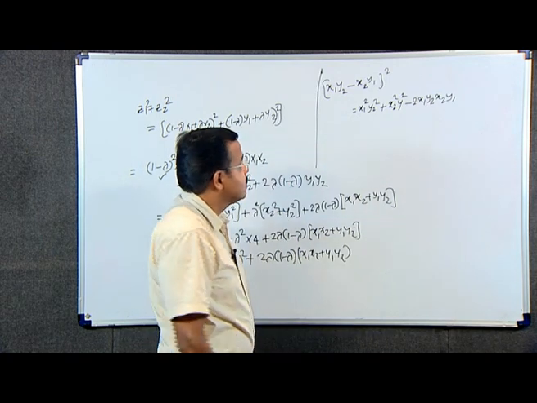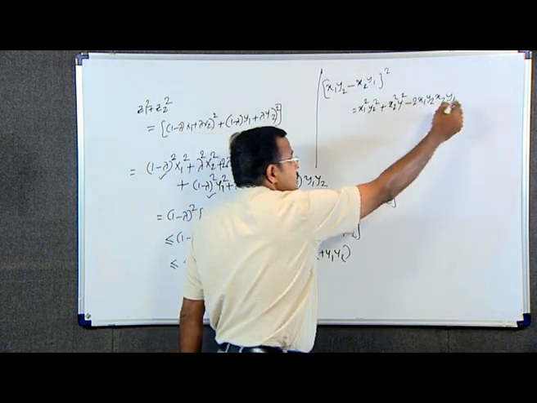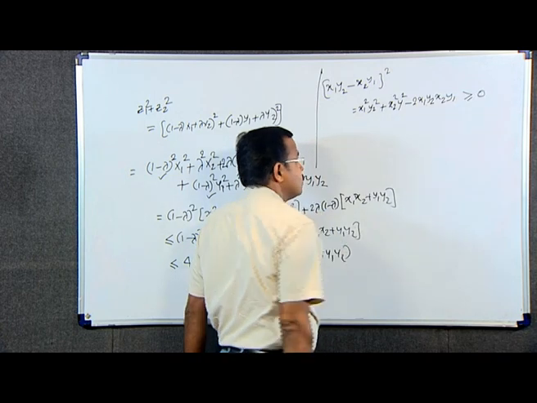We are getting like this. Since it is a perfect square, this is greater than or equal to 0.